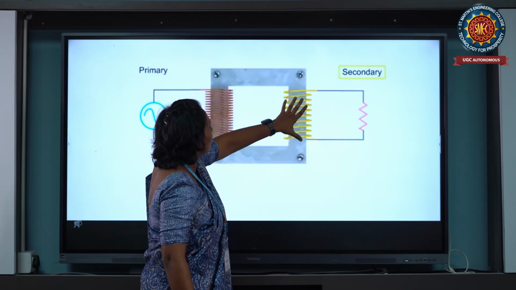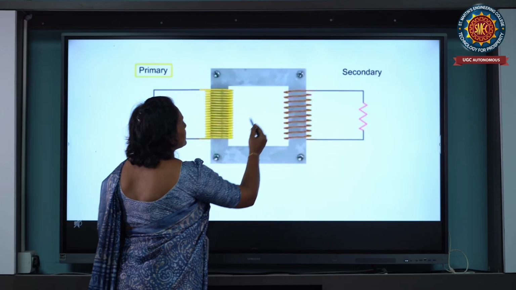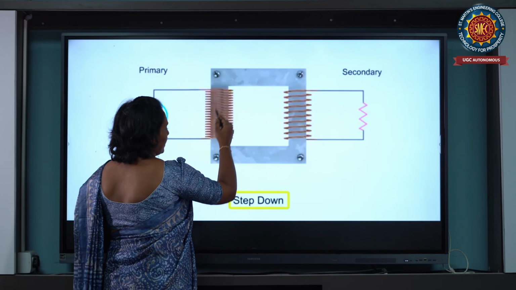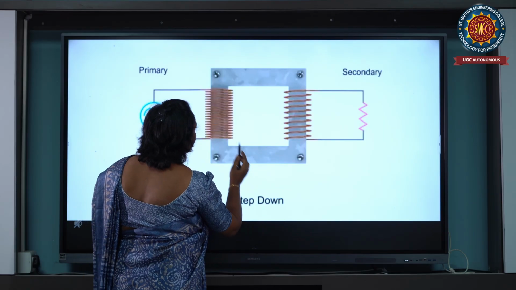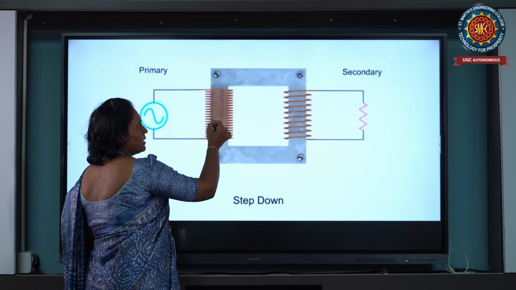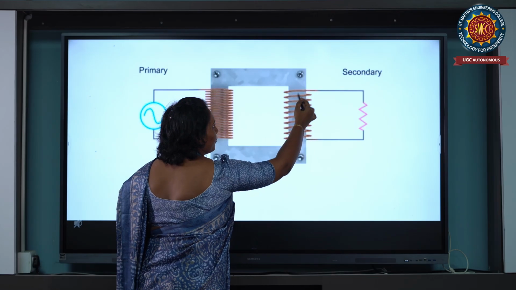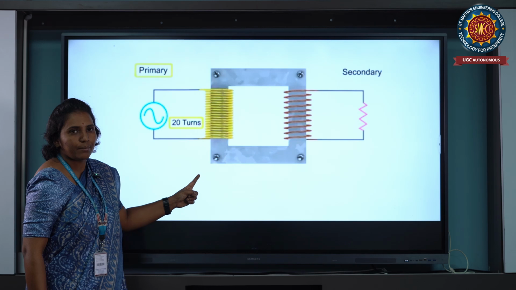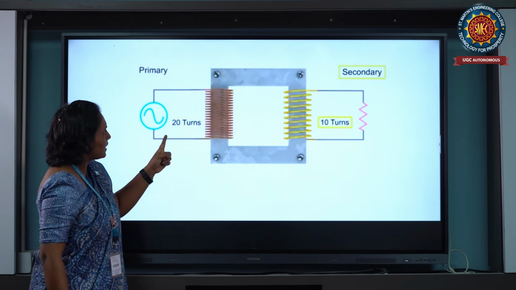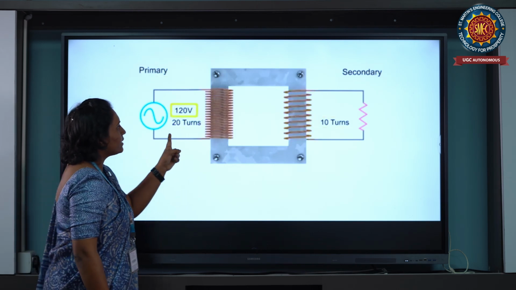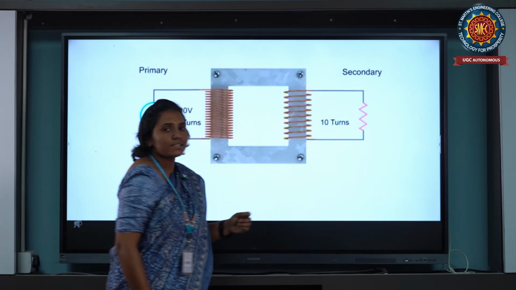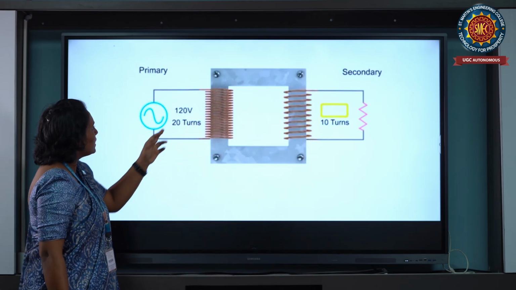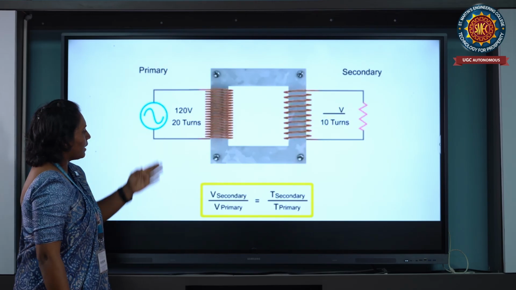This is the step down transformer. The primary side number of turns is high and the secondary side number of turns is low, so this is called a step down transformer. Let us consider 20 turns on the primary side and 10 turns on the secondary side, with 120 volts on the primary.